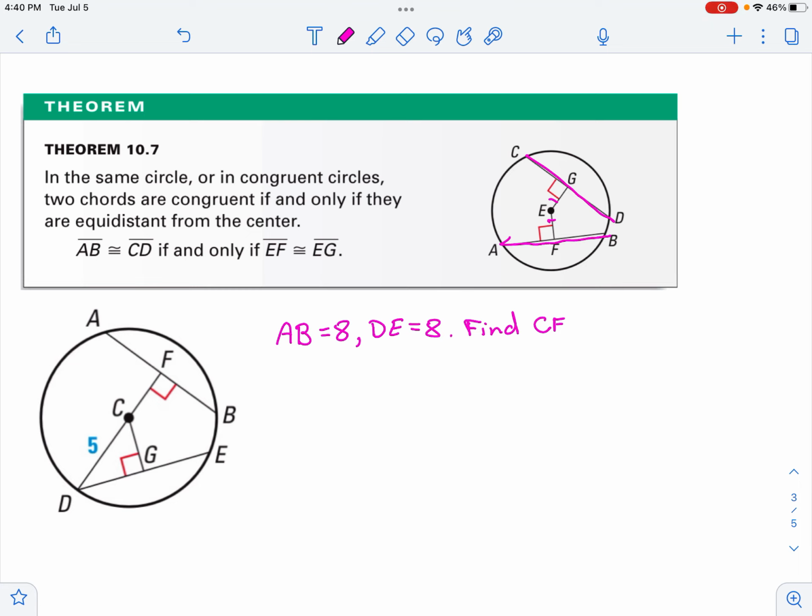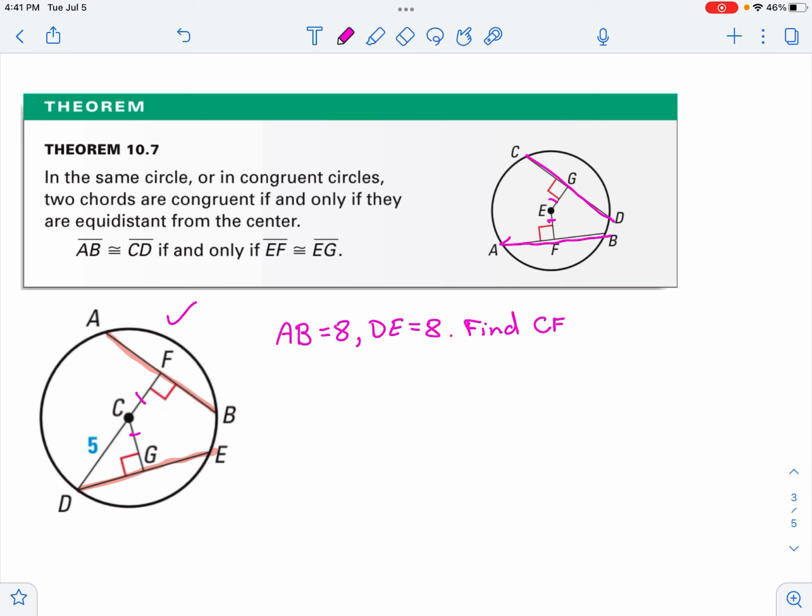Let's suppose in this mess over here, we want to find CF. Now we know that AB is equal to 8, and we also know that DE is equal to 8. Right away, when we know that, then we know immediately that those chords are equidistant from the center.